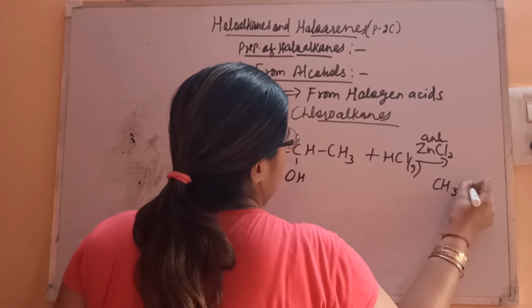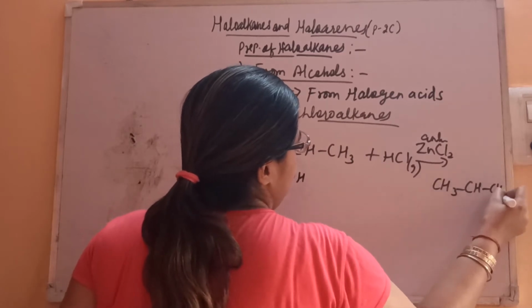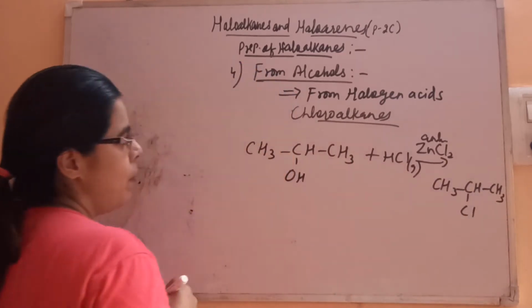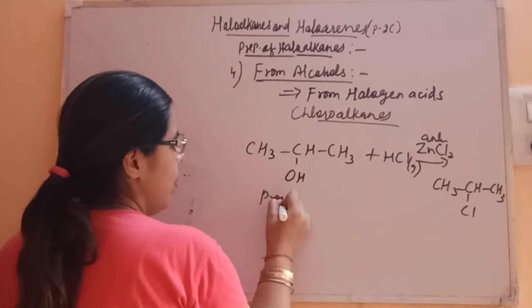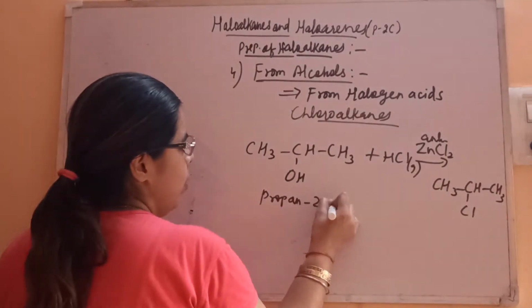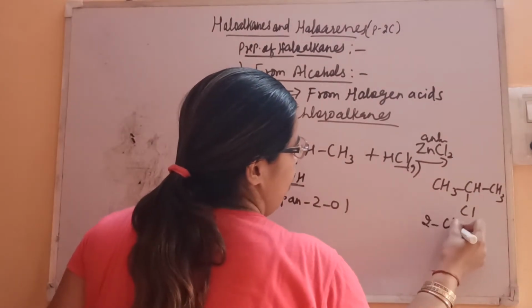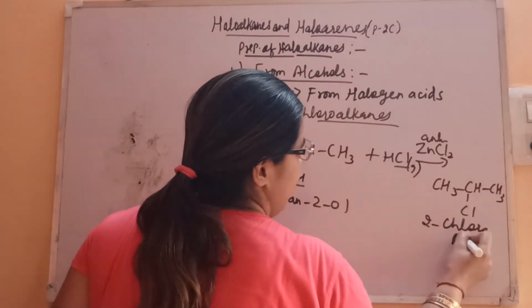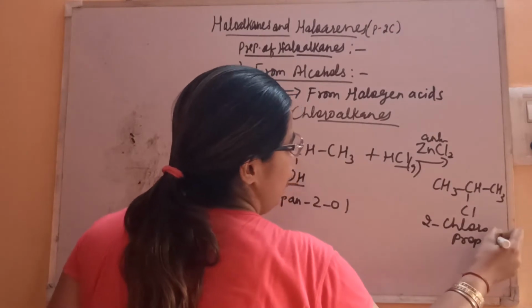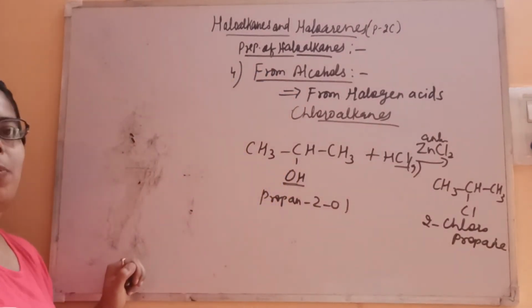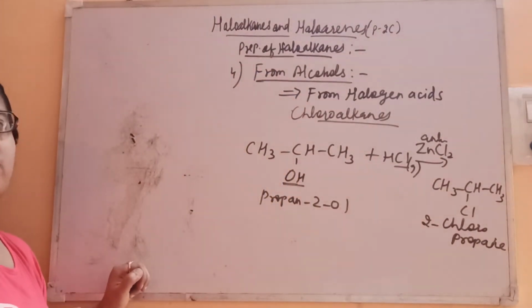You will get 2-chloropropane. This is propan-2-ol, which is only getting substituted by Cl. So it depends on what you want to prepare, 1-chloropropane or 2-chloropropane. This will help you in conversion.